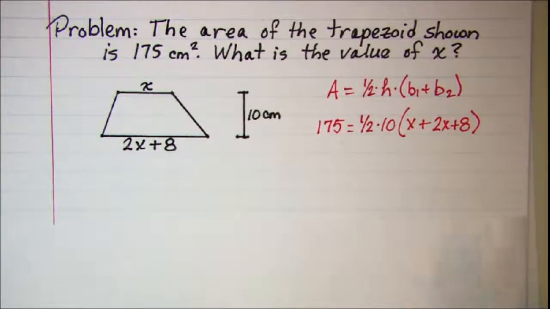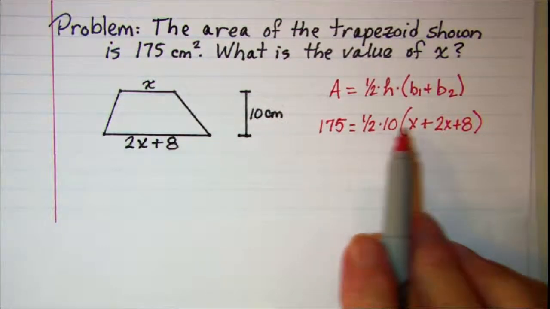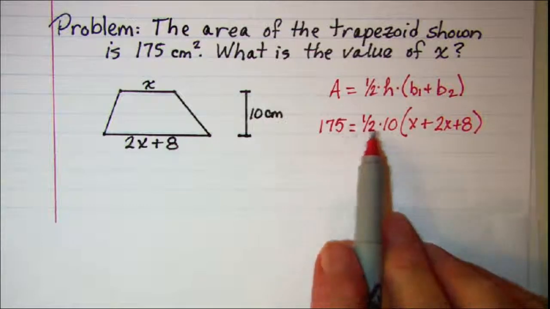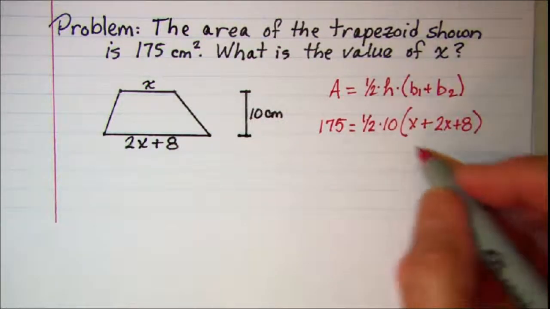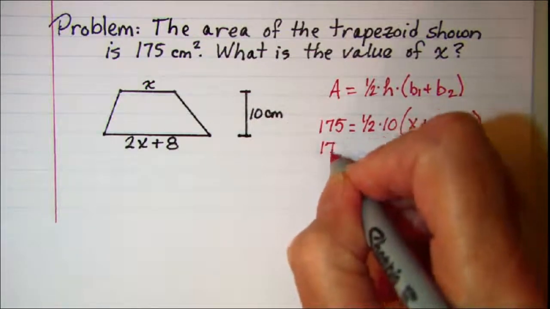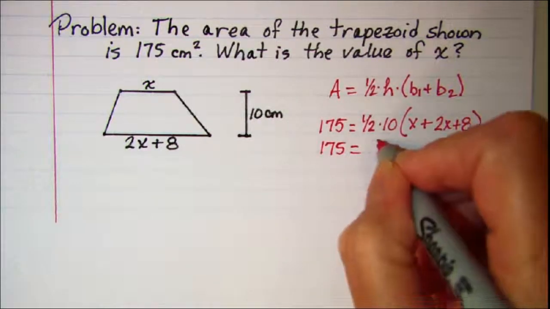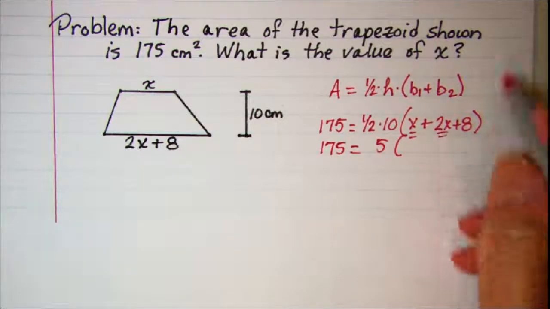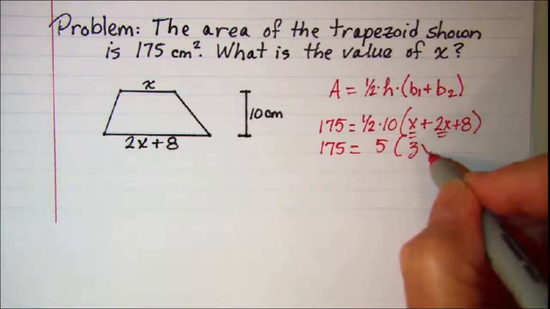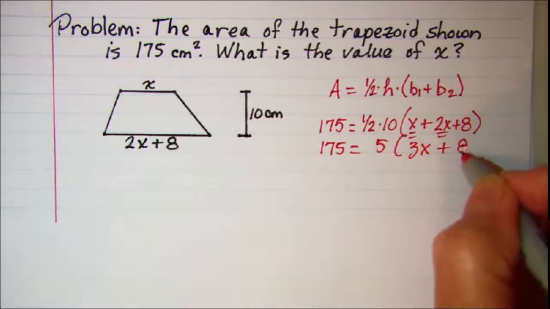So we just need to solve this equation for x. I'm going to go ahead and multiply 1/2 of 10 is 5. So we have 175 equals 5 times, and then let's combine like terms here. This is 3x plus 8.